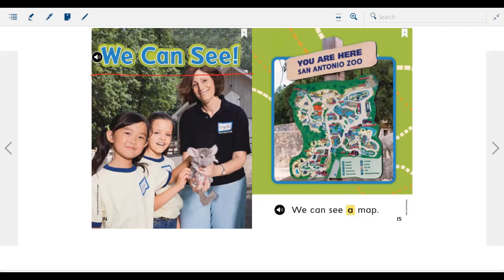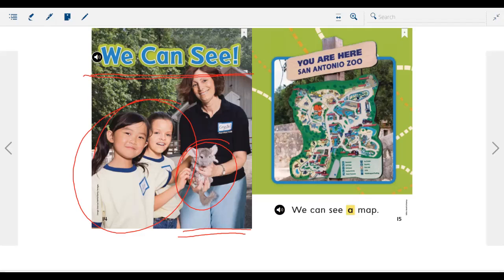Well, I see two young students here, and I see an animal over here, right? And this might be a teacher of some kind. And it says, we can see. So what do you think it's about? All right. Well, we're going to read so that we can find out.